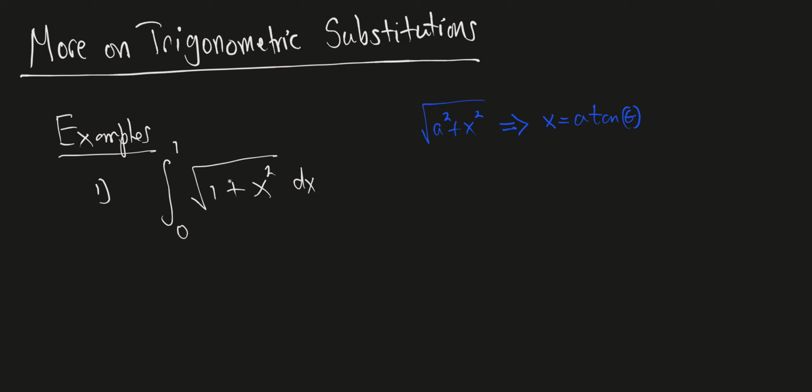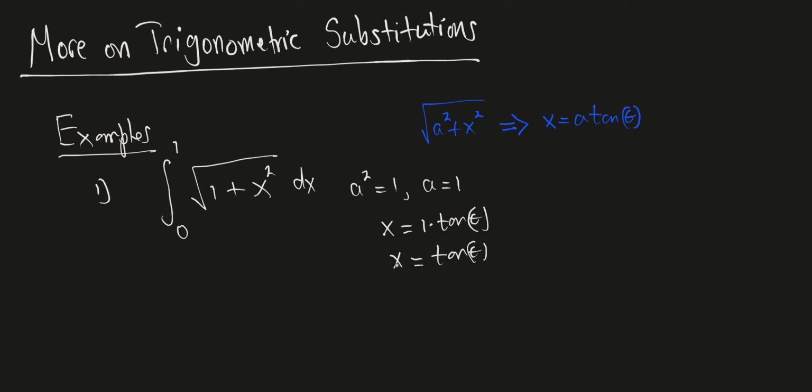So let's go. a squared, that would be our 1. And again, the assumption is that our a is positive. So that means a would be equal to 1. And then we're going to use this equation, x equals 1 times tangent theta, or simply x equals tangent theta.